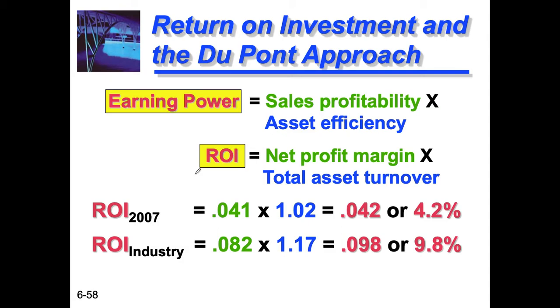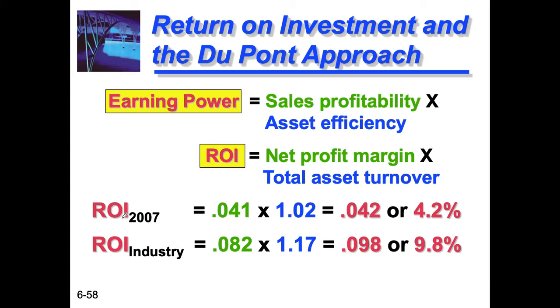Return on investment and the DuPont approach. Earning power is equal to sales profitability multiplied by asset efficiency. Return on investment is net profit margin multiplied by total asset turnover.